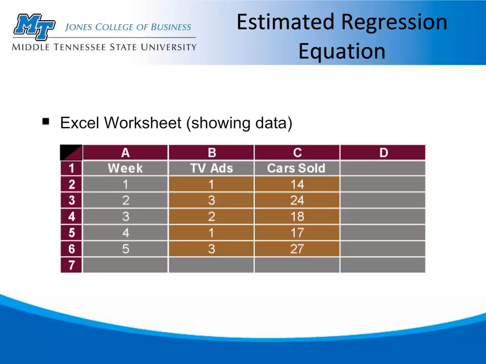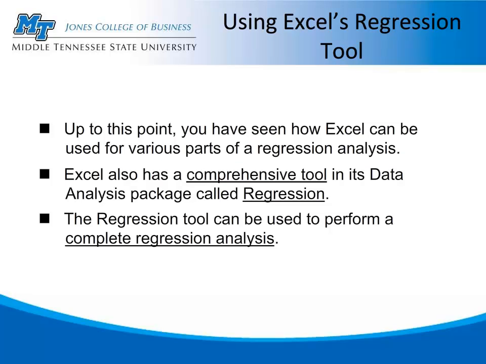So we have the data values for the independent variable in column B, and we have the data values for the dependent variable in column C. Now all you need to do is to click on the Data tab up at the top. If it's been added, the tool pack, you can access it up at the top under the Analysis group.